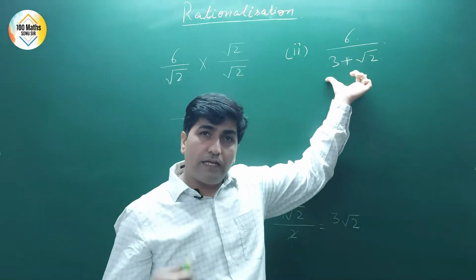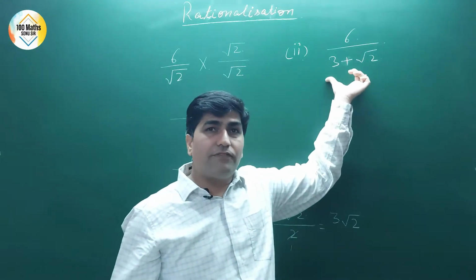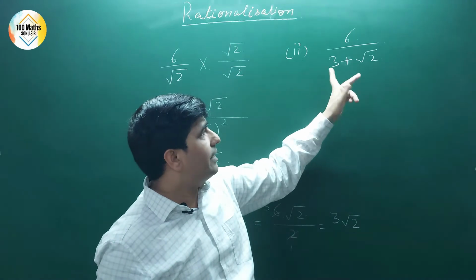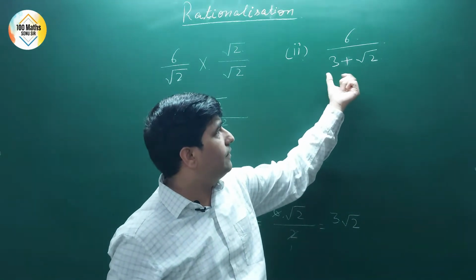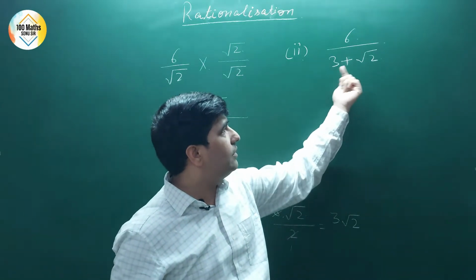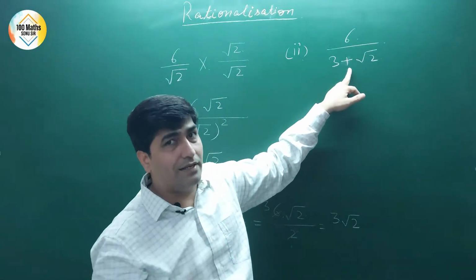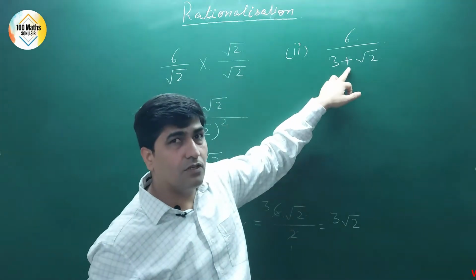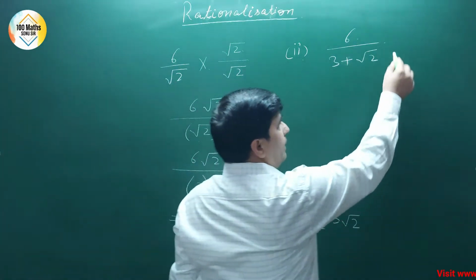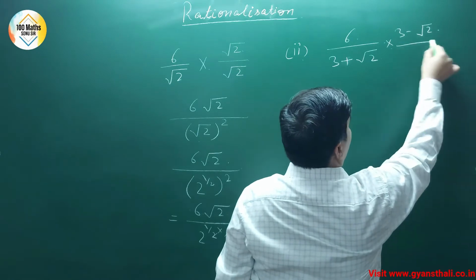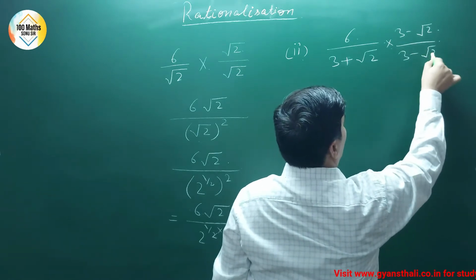Means I am asking what is the rationalizing factor of it. So in this case the rationalizing factor will contain both the terms, but change the middle sign, right. If we have plus, the rationalizing factor will be minus, it will be 3 minus √2 divided by 3 minus root 2.